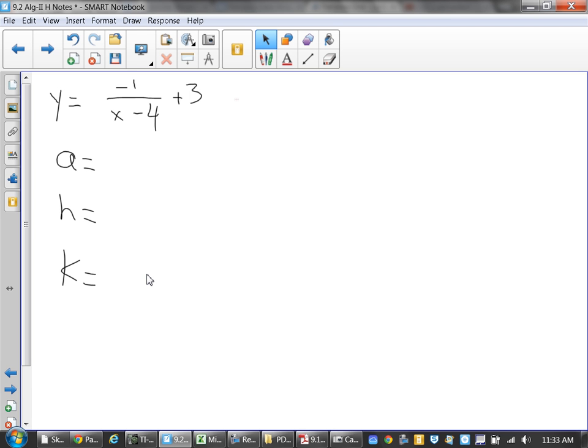Remember, when you're identifying and graphing these things, your job is to plot and label your asymptotes, and then give me two sets of ordered pairs on both curves. And that can be done by your calculator.